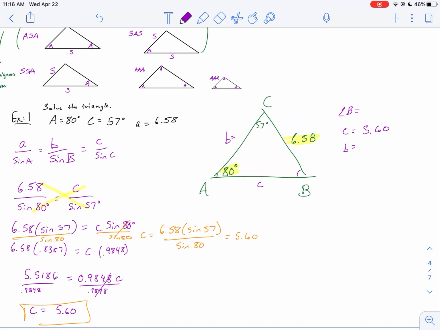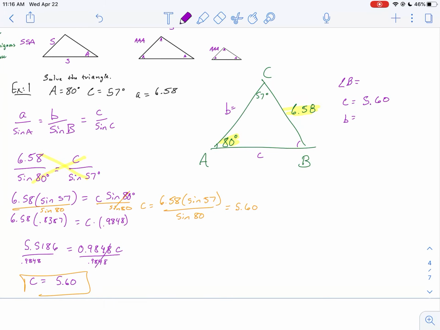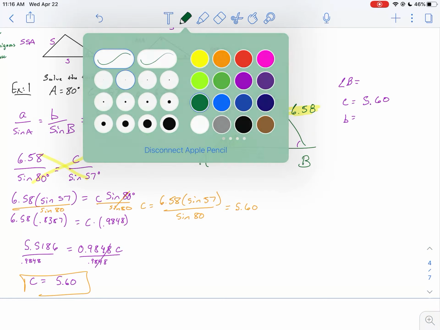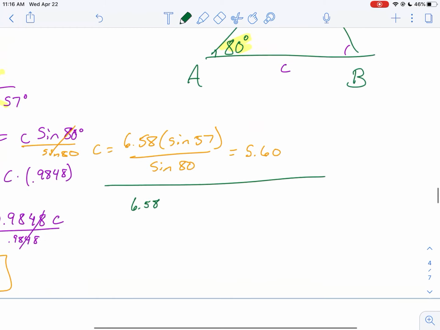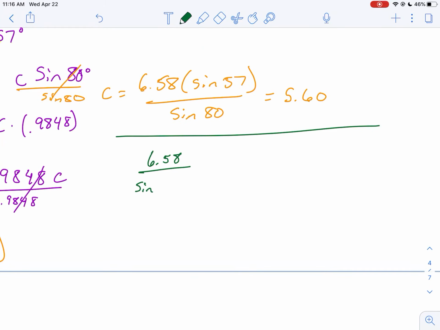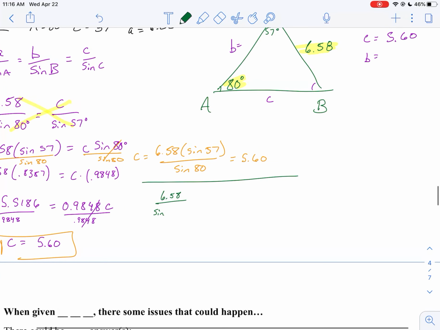All right, so now we have C, we have to find angle B and side B. If you jump right to the law of sines here, you're going to be setting yourself up for a little trouble, because we do know A, 6.58, and we know the angle for A, so 80, sine of 80.